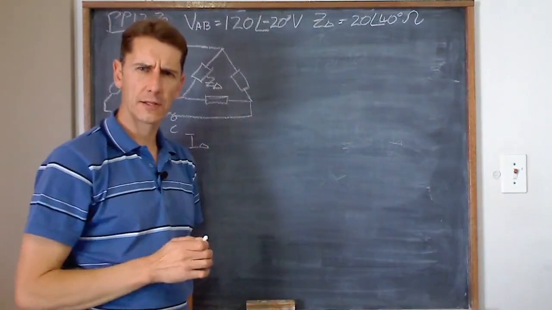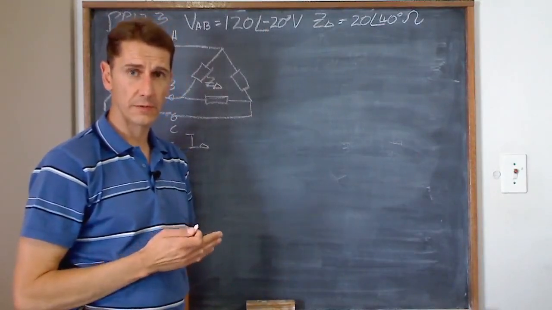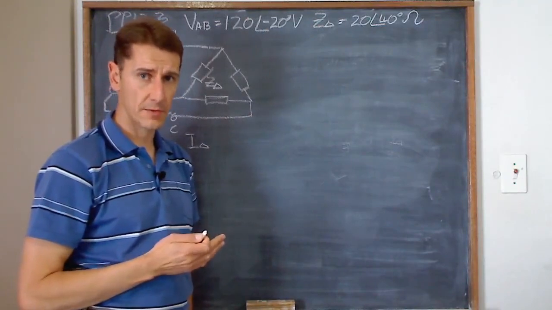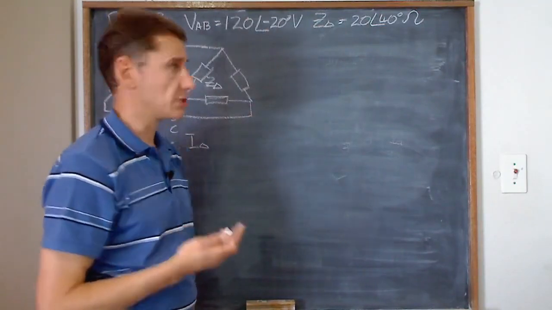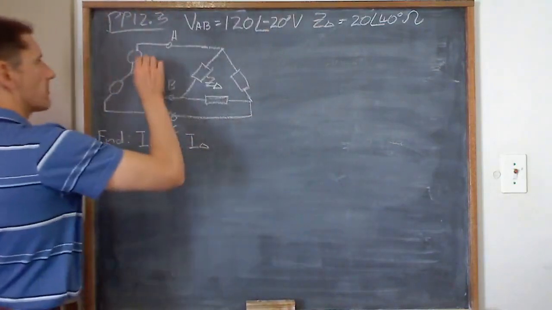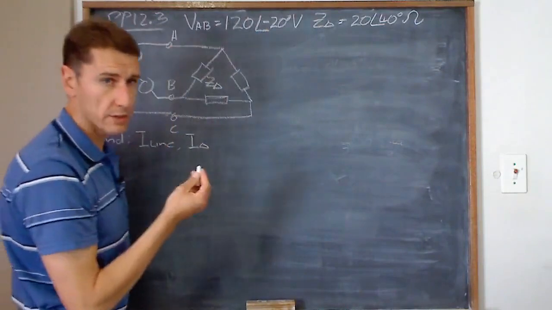Is that now an inductive or a capacitive load? What's the angle, positive or negative? Positive. If it's a positive angle, it has to be an inductive load because it will give you a positive J. So I've got the voltage between A and B. What do they want us to calculate?